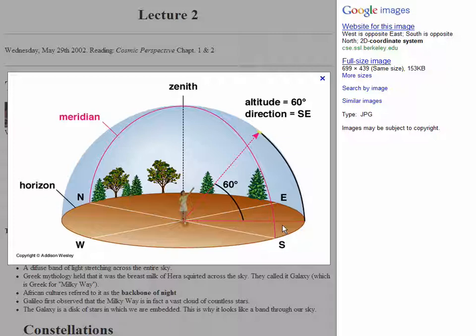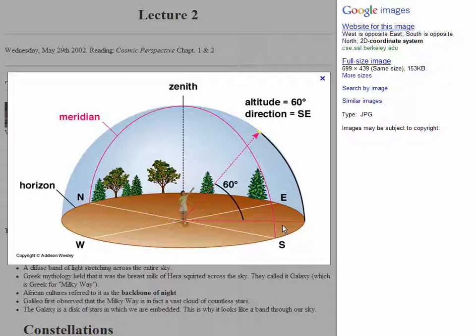Now there are two coordinates in this system. One is the direction, also called azimuth. Azimuth is just a compass heading or compass direction, and the other is the altitude, which is your angular height above the horizon. And so those are the two coordinates that we have.